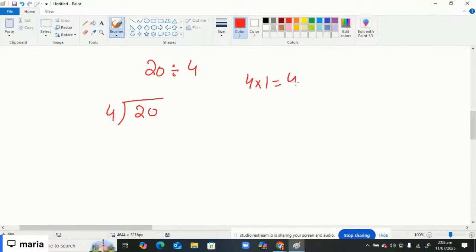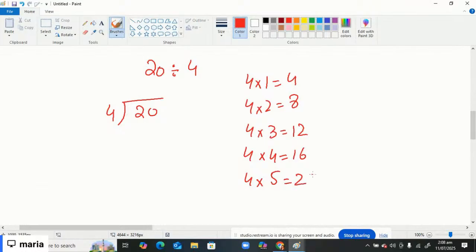Let's do the table of 4. 4 times 1 is 4. 4 times 2 is 8. Then 4 times 3 is 12. 4 times 4 is 16. 4 times 5 is 20. Now subtract, that is nothing. So what is the answer? It is 5.